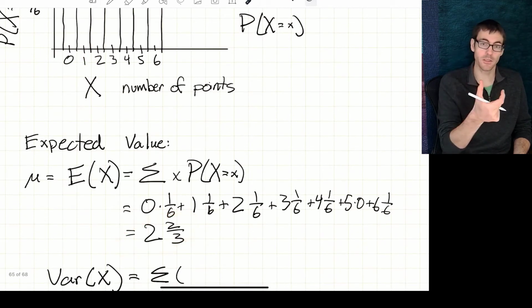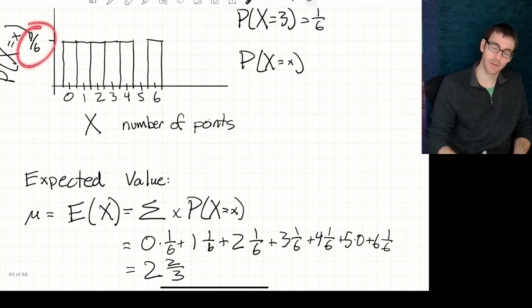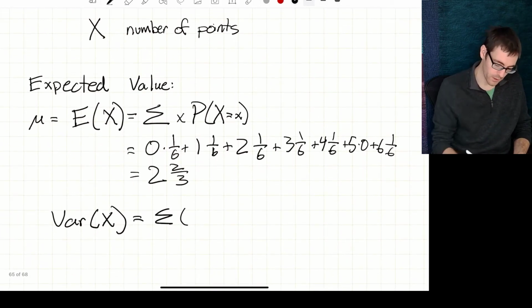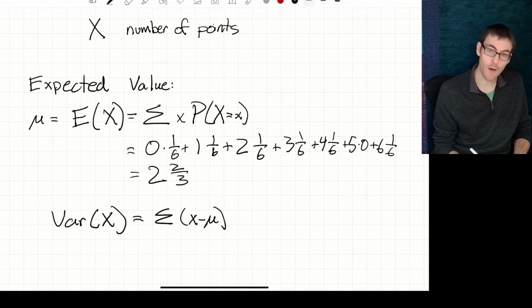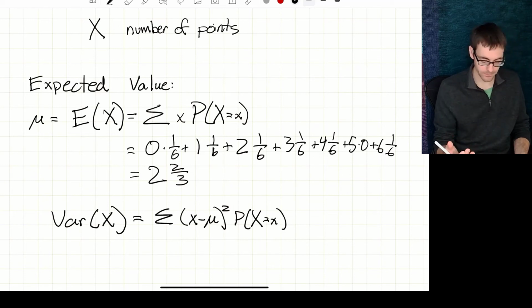We're going to look at those differences squared, weighted by their probabilities. So in a formula, this is the sum of (x minus mu) squared, how far away from the mean we are, squared, times the probability of that particular value.